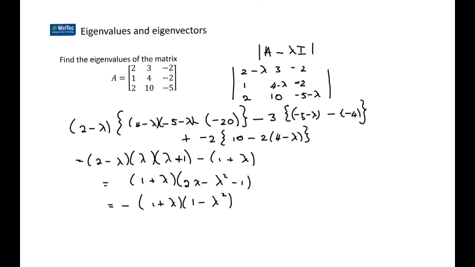Now the characteristic equation then is, multiplying by negative 1 does nothing, so the characteristic determinant is going to be (1 plus lambda) times (1 minus lambda) squared equals 0. So the eigenvalues are going to be negative 1 and 1.